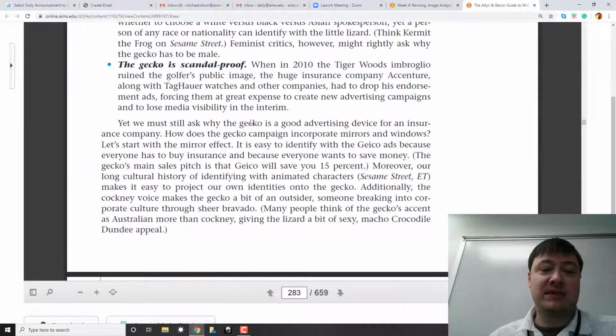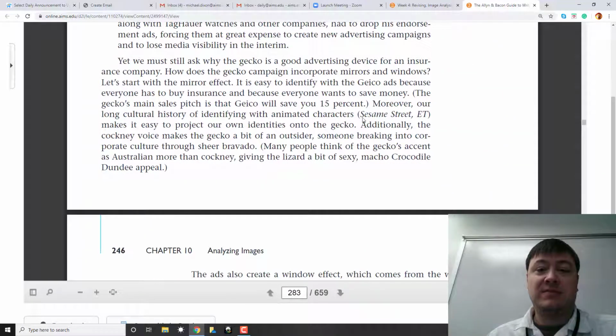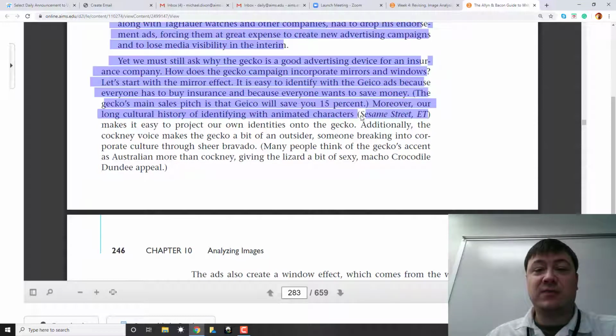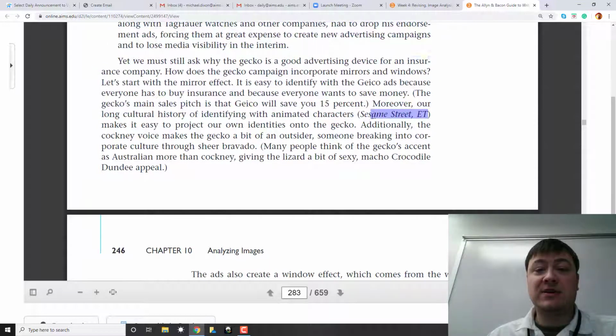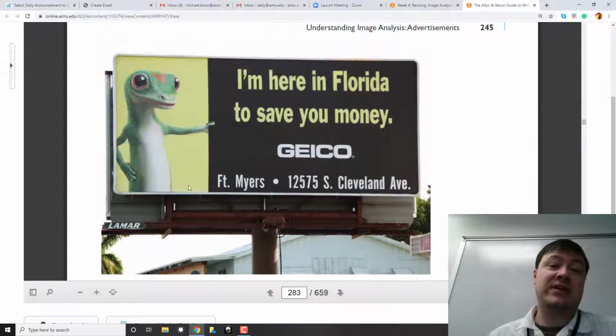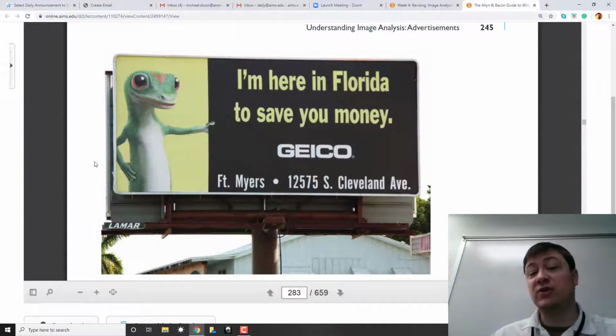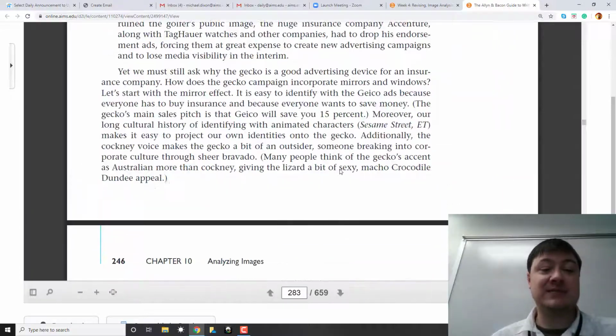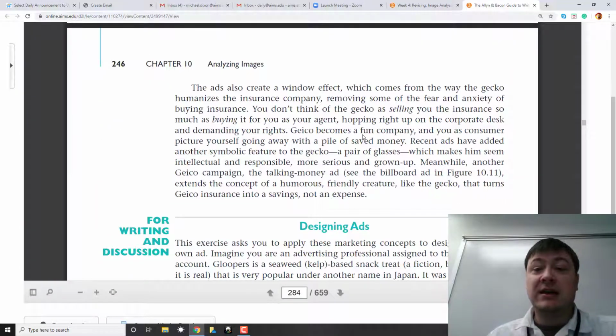A lot of their ad campaigns are successful. They go into rhetorical analysis of how the company is successful because their target audience is primarily people that grew up with animated characters like Sesame Street and E.T., and now they're at the age where they need insurance, so it feels more comfortable to have an animated character, which makes them feel better about buying insurance.